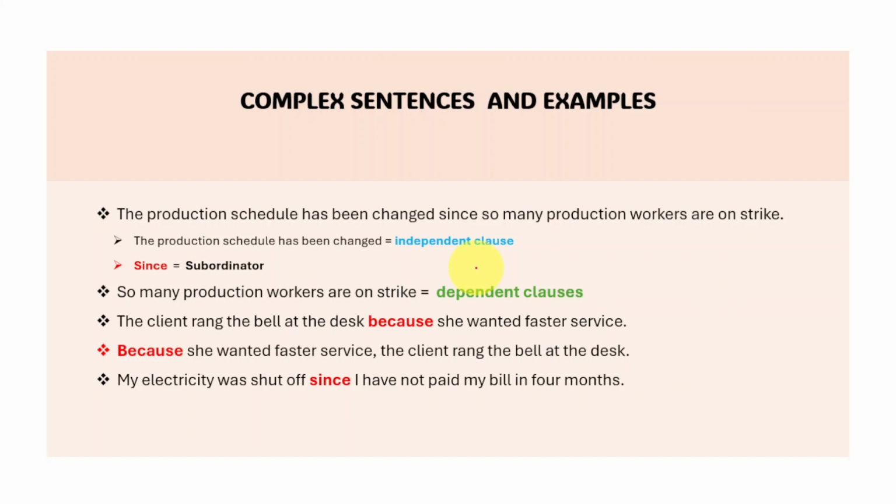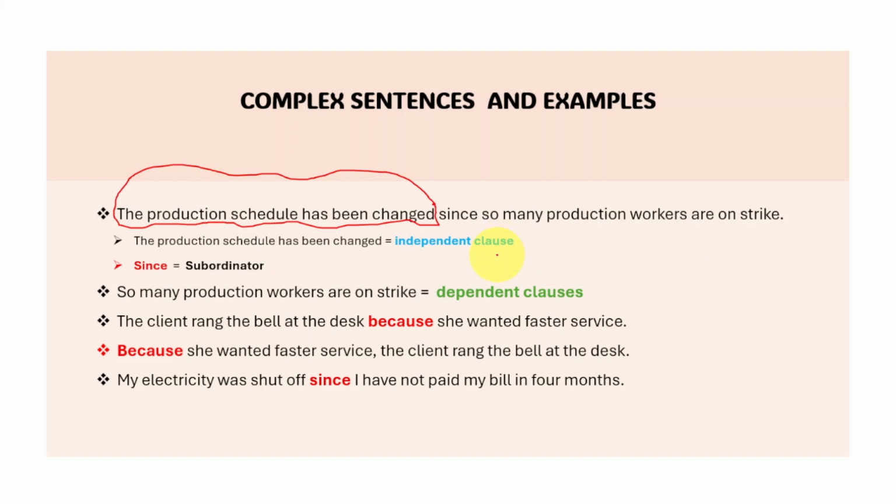An example: the production schedule has been changed since so many production workers are on strike. Okay, so we have the production schedule has been changed, and here we're dealing with the dependent clauses.